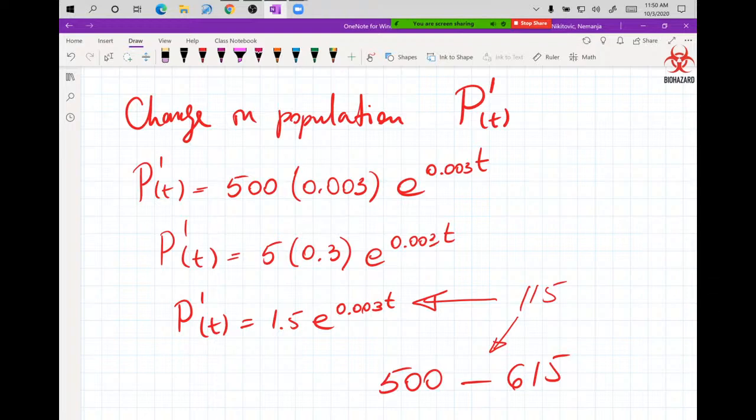The change in population which you measured with derivative, right? So that's what we are figuring out in case of change in population.